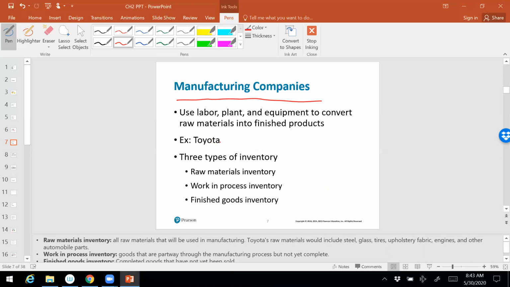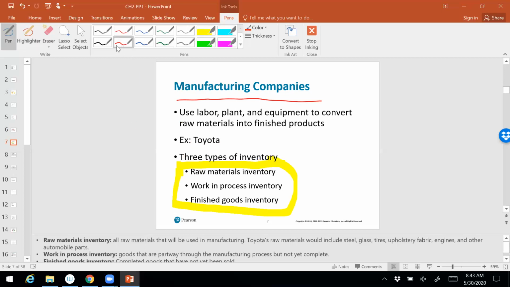I know Toyota also has dealers, but they first sell to the dealer and then the dealer sells to you. There are 3 types of inventory. This is important. There are 3 types of inventory. So they have raw material, they have work in process inventory, and then they have finished goods.